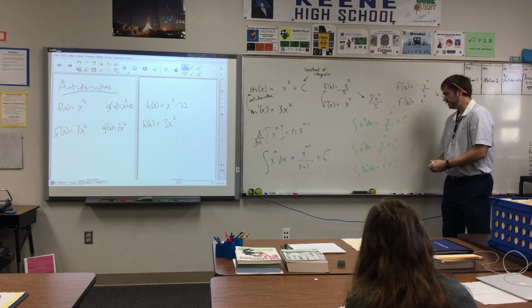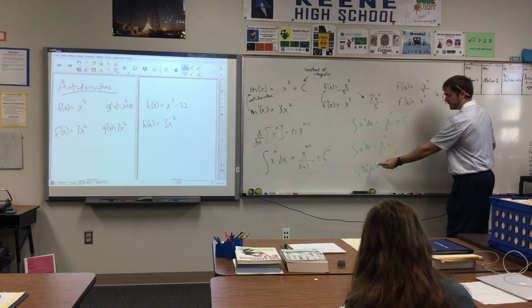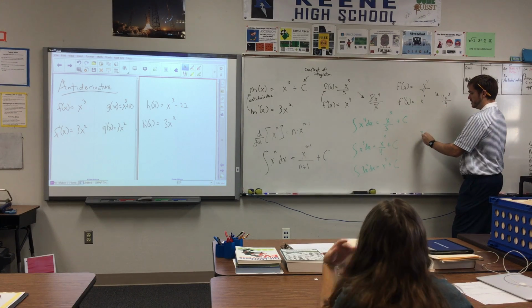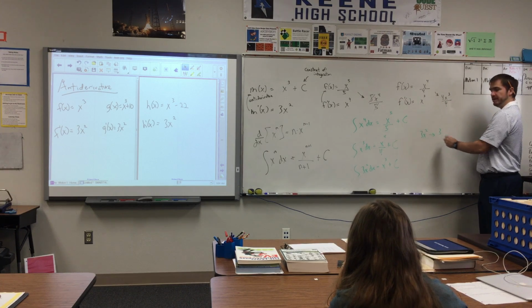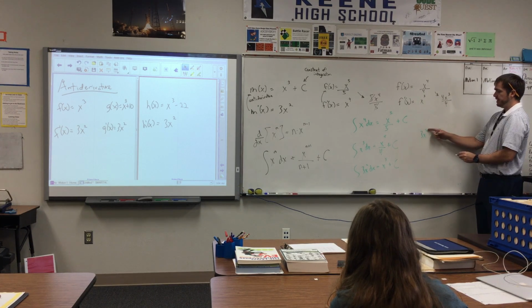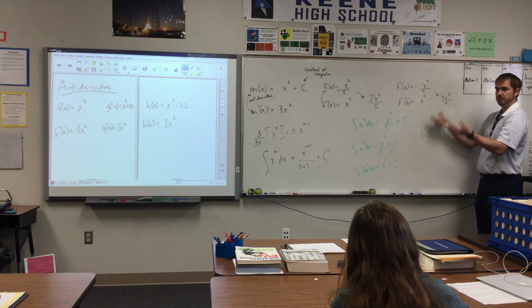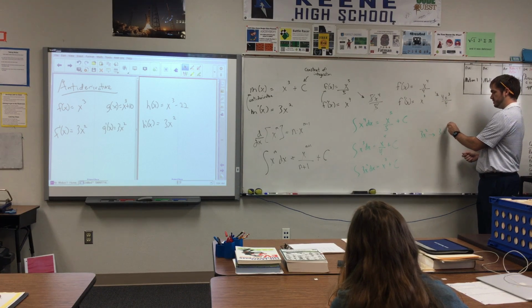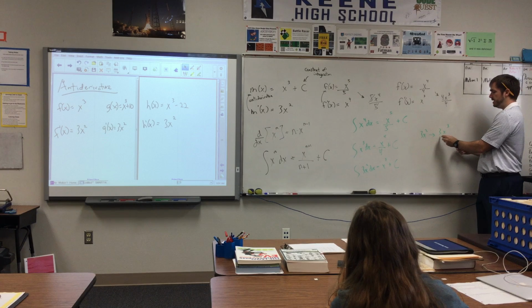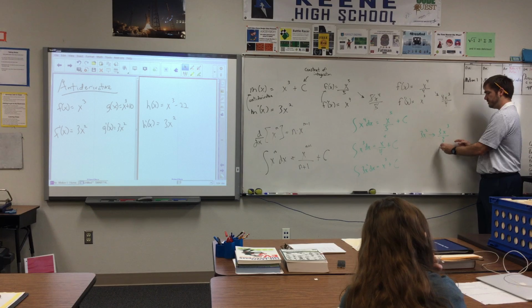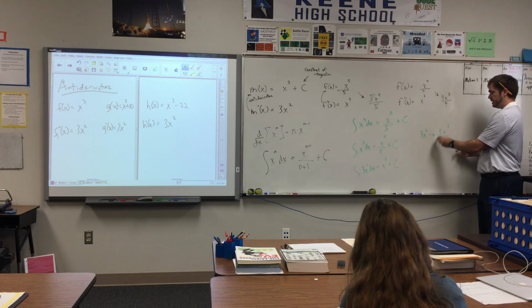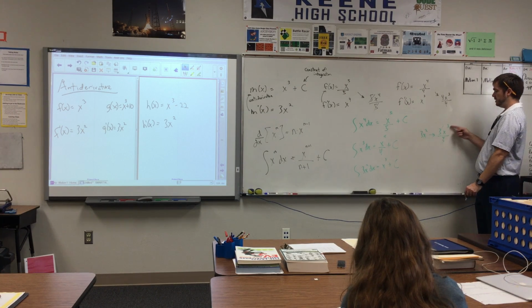If you think about this one, that 3x squared, when you take that antiderivative process, you still have that 3. That squared gets powered up, so it becomes a 3. And you divide by that new exponent, so you divide by the 3, which is why these cancel, and you have x cubed.